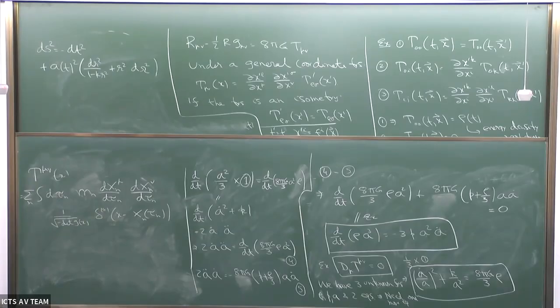So if the particles are moving slowly, and slowly means, say, to zero speed, what can you say about the energy momentum tensor?